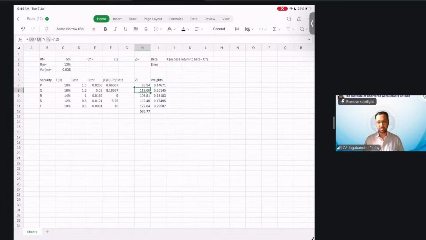So based on Zi values, we have these weights. This is a Sharpe model in which it identifies first the set of securities to be taken, and then we calculate the weights.